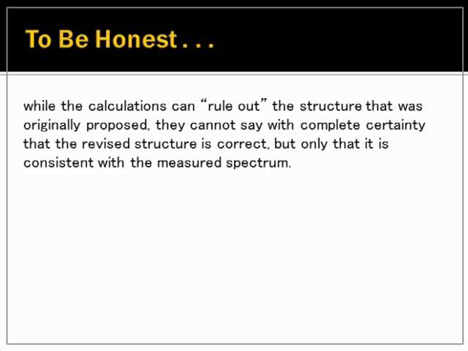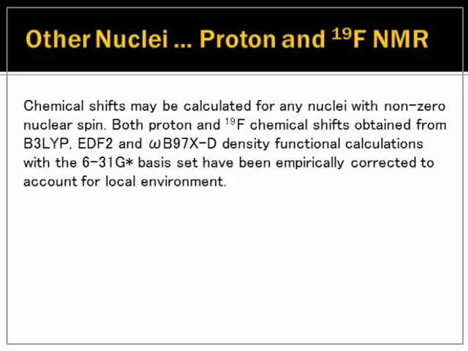All right, now this leads me, let me just touch on other nuclei for a second, then I'm going to go to my final topics. Chemical shifts, from the perspective of the calculation, I don't care what the nucleus is. Obviously, if there's no spin, then the shifts will come out 0.